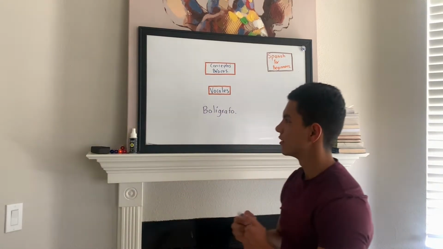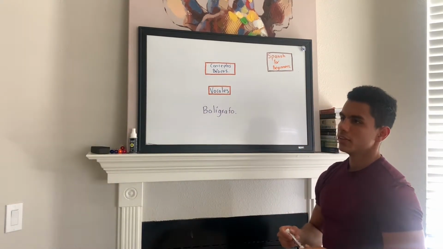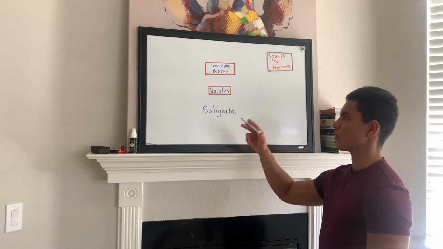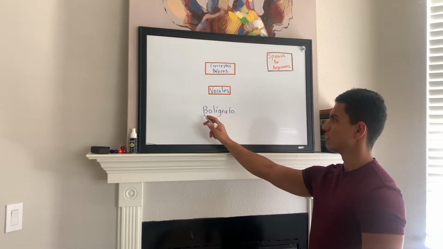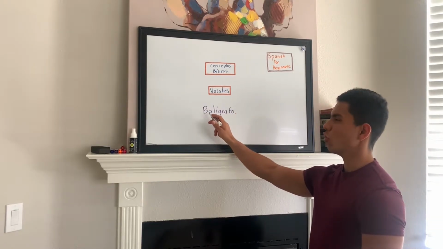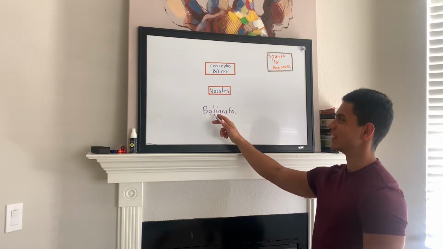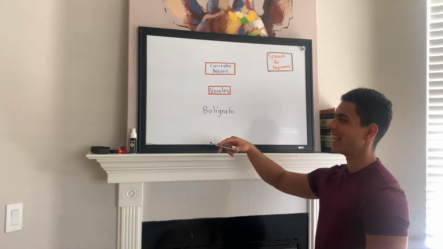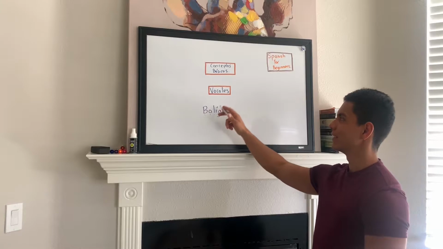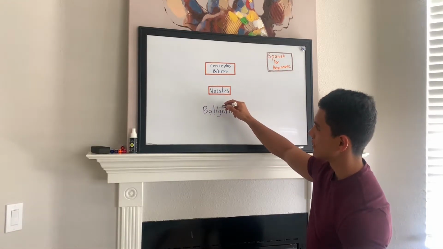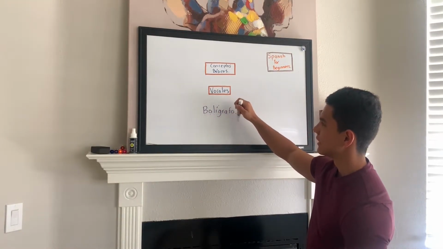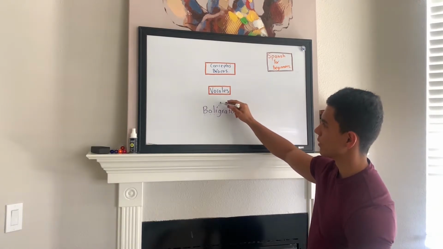So the next word will be bolígrafo. Remember the letter B and O, bo. Then you have the L, I. So this one has a tilde. You gotta keep these ones in mind.